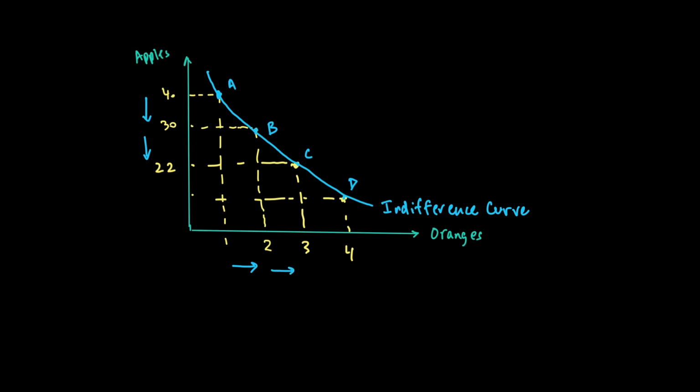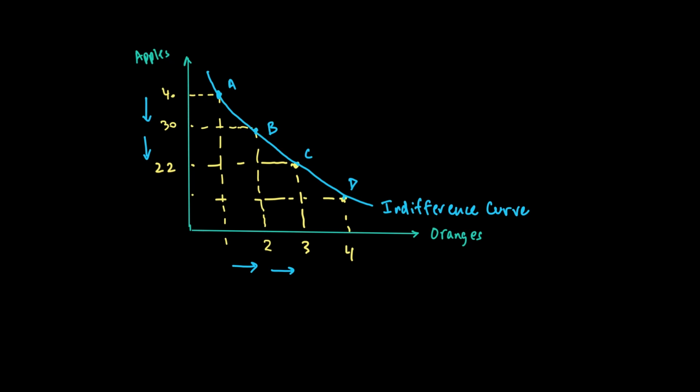And that suggests to us that there is a trade-off here, because more of oranges means less of apples, and vice versa. Less apples for him have to be compensated by more of oranges.